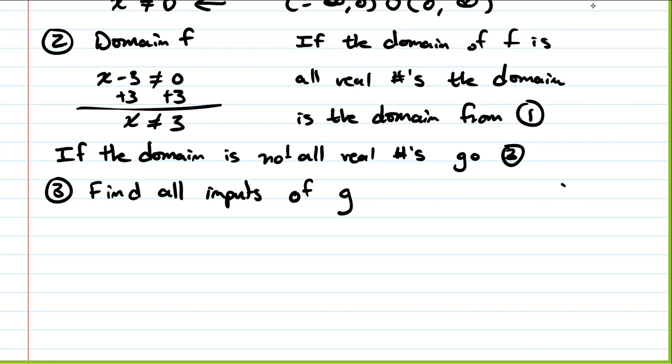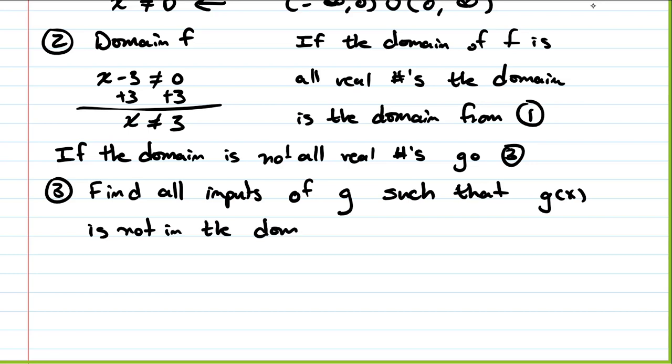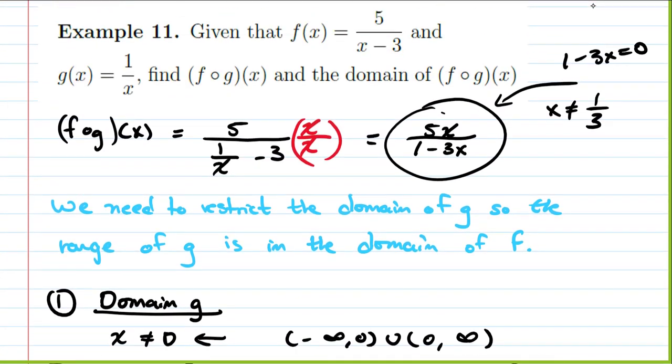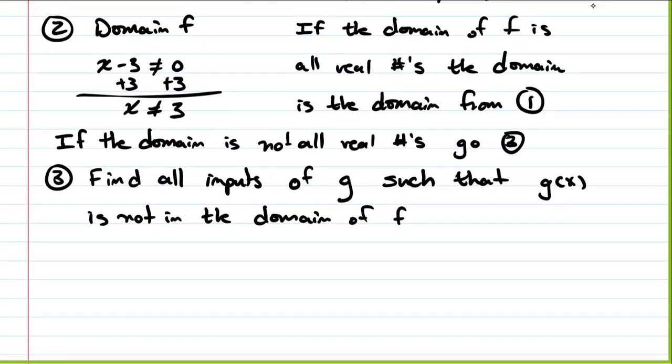Let me make that a little clearer. Find all inputs of G such that g of x is not in the domain of f. So in our case, g of x this time is the function 1 over x.